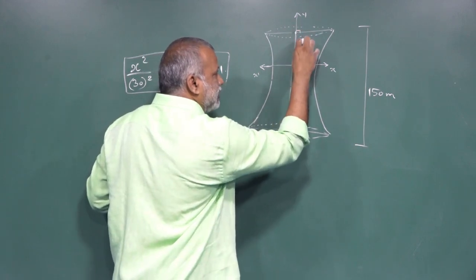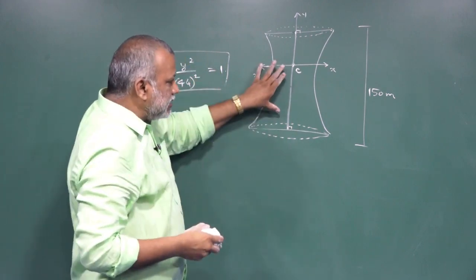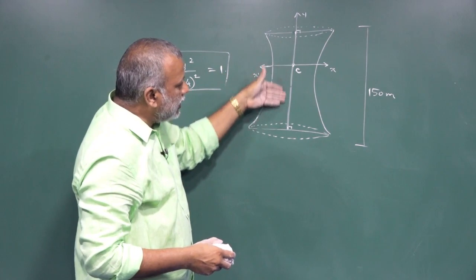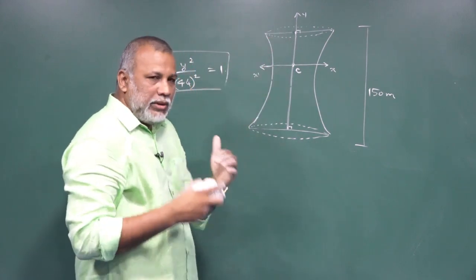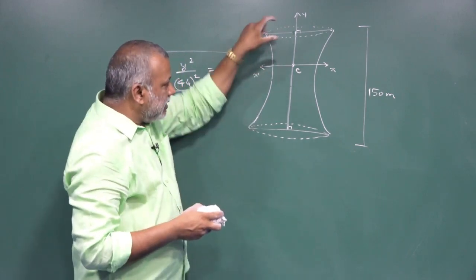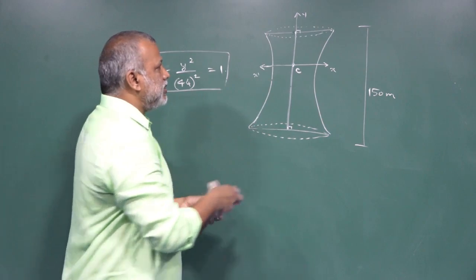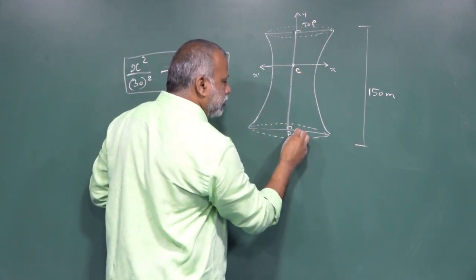From this, we are having some distance. See, this distance is half of this total distance. So this is unknown, but they are giving the condition. This distance is half of the distance from the bottom. This is the top. This is the base or bottom.